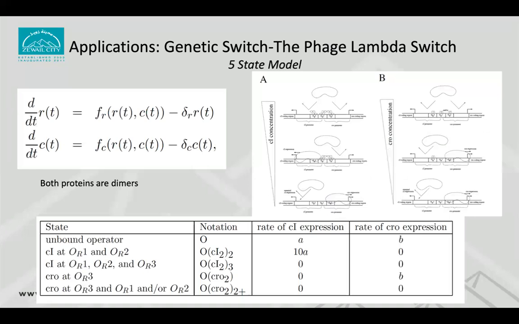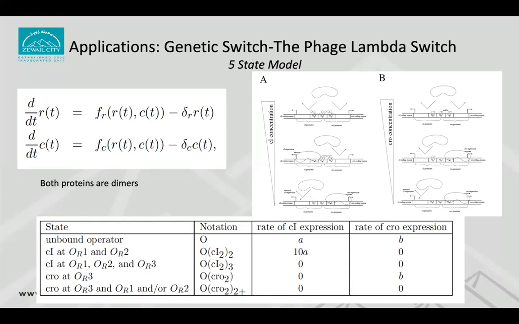Okay, so we set up our differential equations. We're almost out of time here, but we now have the rates for each of the scenarios: when we have none bound, when we have CI bound at the first two places, when we have CI bound to all three, and so forth.